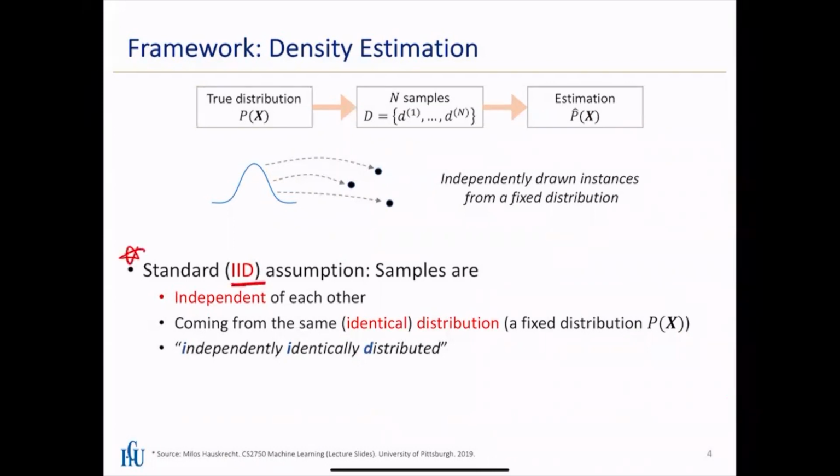This is really, really important. The IID assumption means independently, identically distributed. Even if I gave you the full name, it's really hard to figure out what it means. First of all, independent. We are playing with the n samples, and the big assumption here is that these n samples are independent from each other.